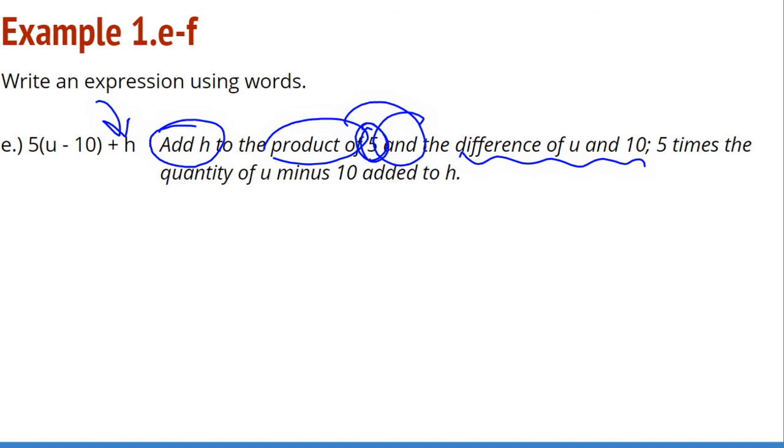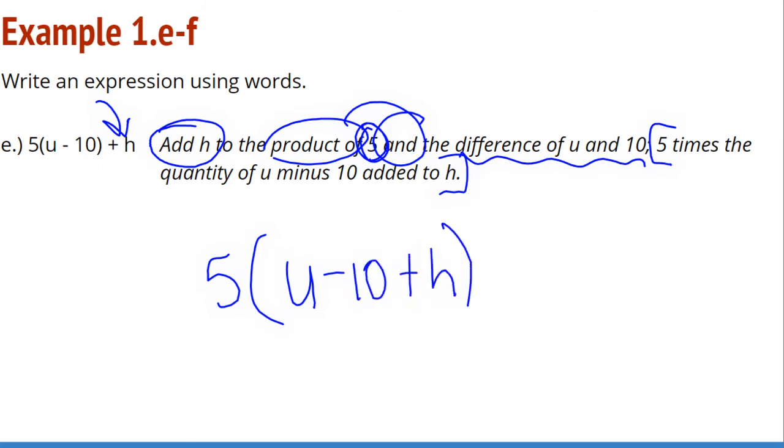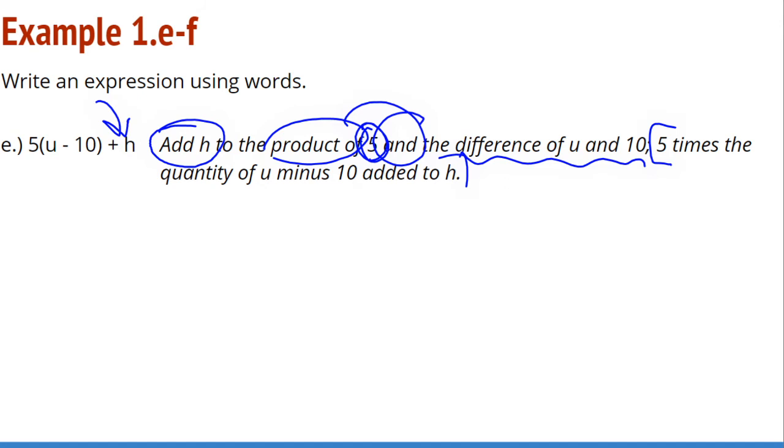Now this one, it kind of bugs me because I read 5 times the quantity of u minus 10 plus h. It doesn't make clear to me that the h is added on after I have done the multiplying. Now I know that that's really picky, but we need to start thinking about what are we really communicating here.